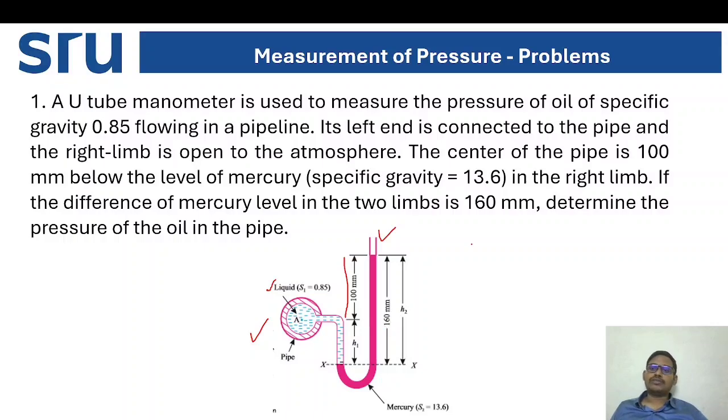The center of the pipe is 100 mm below the level of mercury in the right limb, and if the difference of the mercury levels in the two limbs is 160 mm, determine the pressure of the oil in the pipe. So two limbs: this is one limb, this is one limb. You can see here clearly, this is mercury, and this is liquid.